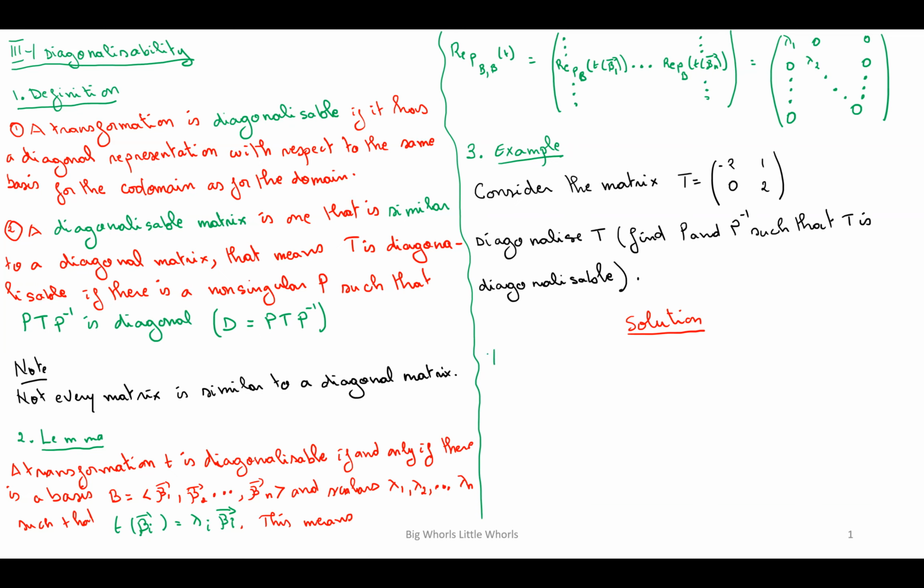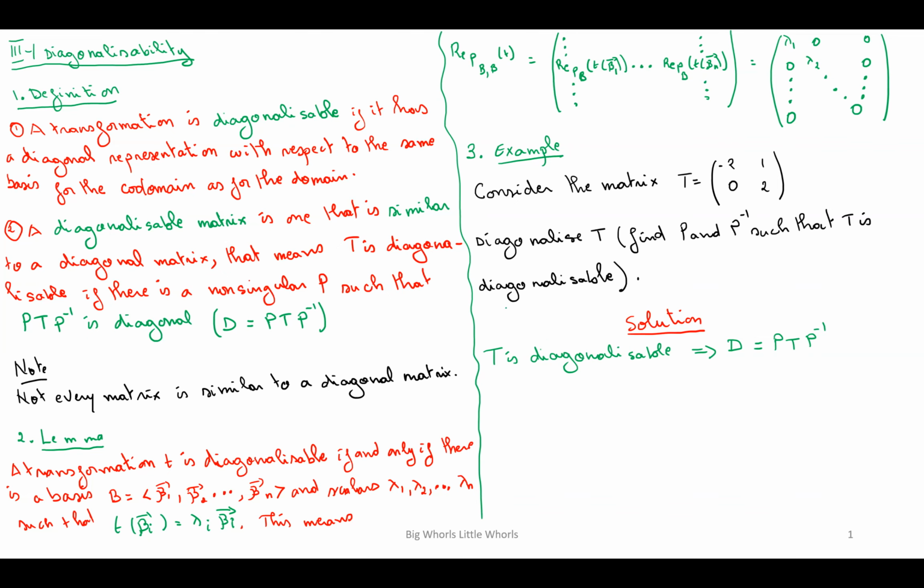So that means T is diagonalizable if we can find a diagonal matrix D which is going to be equal to P T P inverse. So basically what we want to do is find P and P inverse, multiply all these three matrices together and see if we are going to have a diagonal matrix. And of course, that diagonal matrix is going to be made of the lambdas, the eigenvalues.